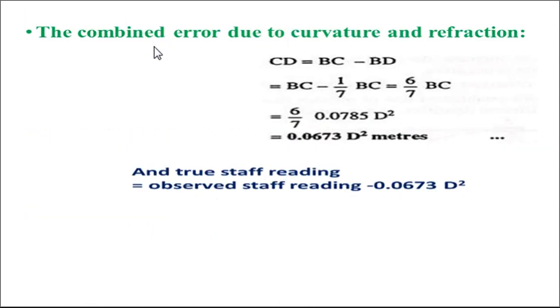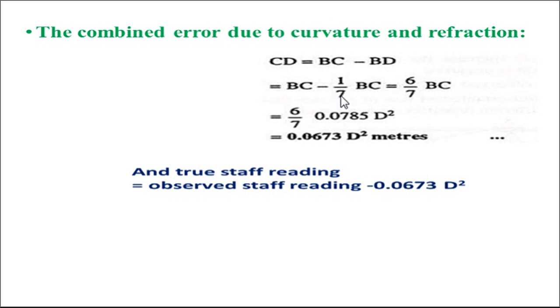Therefore, the combined error due to curvature and refraction is equal to CD, which is equal to BC, the curvature correction, minus BD, the refraction correction. So BC, curvature correction, minus refraction correction, which is 1/7 of curvature correction.